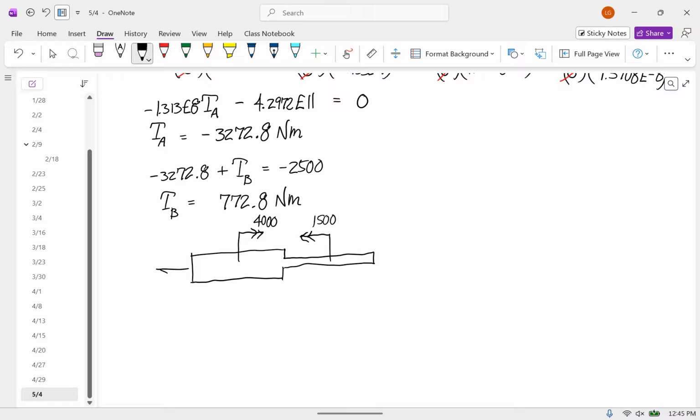TA is going this way with a magnitude of 3272.8, and TB is going this way with a magnitude of 772.8. Any questions about that?